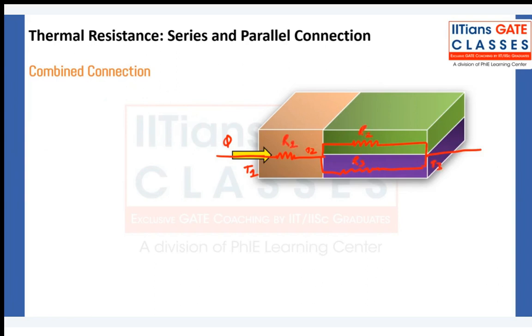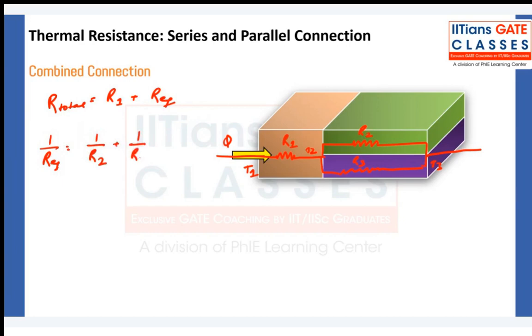Okay. So how do you calculate total resistance? Total resistance will be equal to R1 plus R equivalent. Now I need to calculate R equivalent. So 1 upon R equivalent is equal to 1 upon R2 plus 1 upon R3.